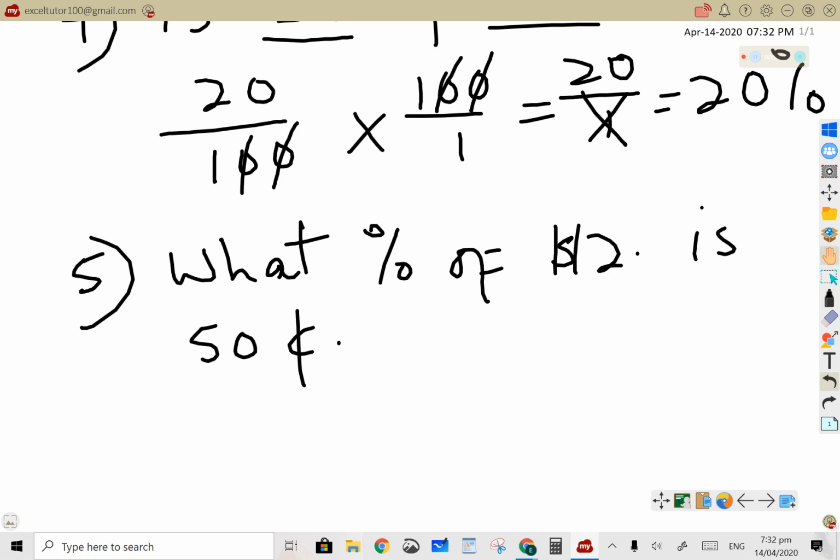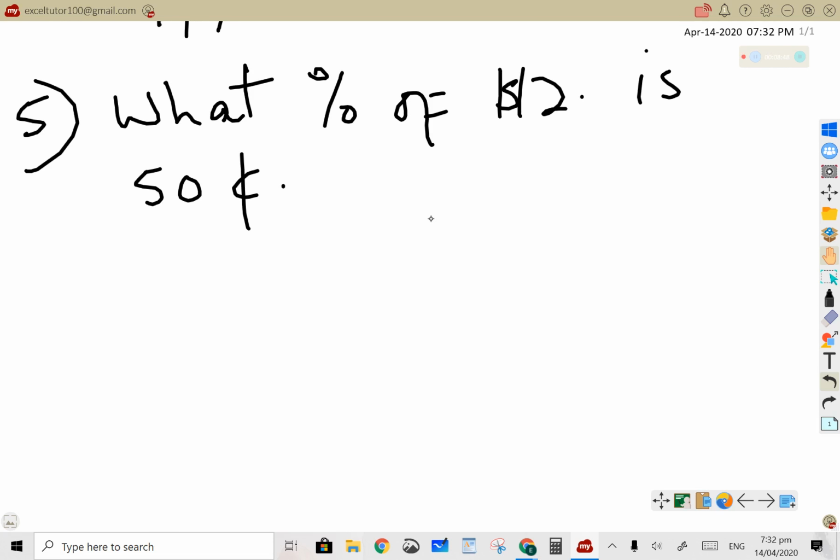Now with this question, basically, you have two units. You have dollars and you have cents. You cannot use two different units when calculating anything in mathematics. You have to change the unit to a common unit. So we'll change the dollars into cents.